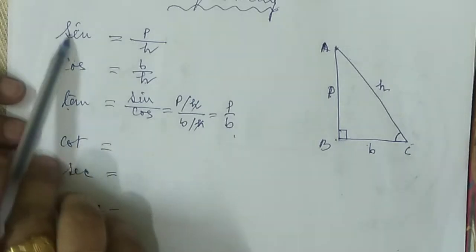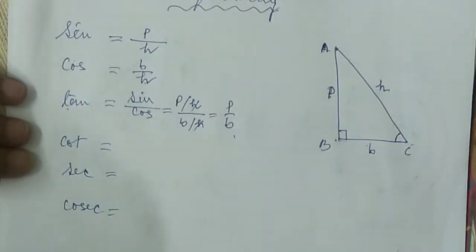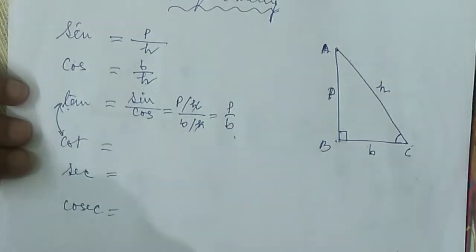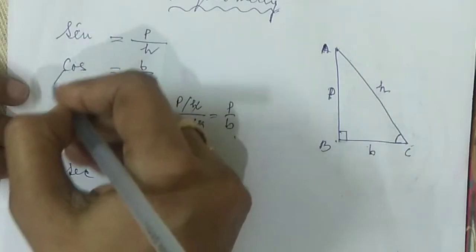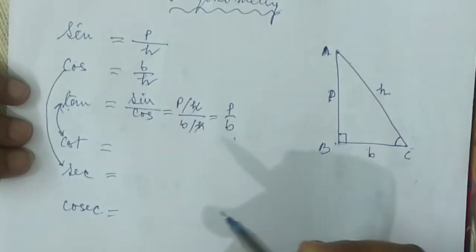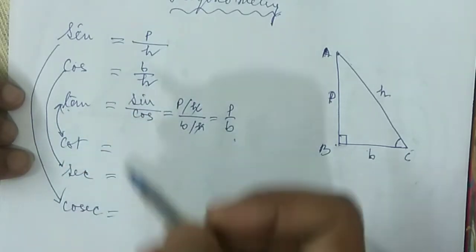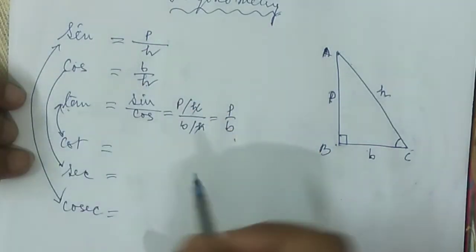Earlier I told you, if you learn them serially, it is very much easier for you to remember, because tan is reciprocal of cot, cot is reciprocal of tan, cos is reciprocal of sec, sec is reciprocal of cos. Then sine and cosec are reciprocal of each other.